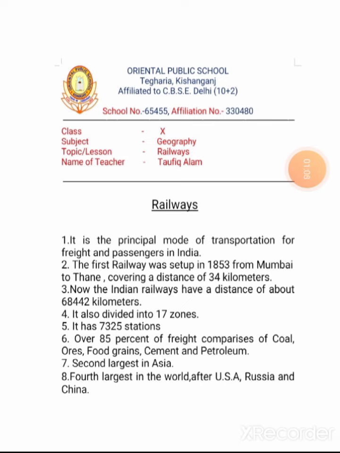Now, these days, the Indian Railway has about 68,442 kilometers of track. It is also divided into 17 zones and has 7,325 stations. Over 85% of freight comprises coal, ores, food grain, cement, and petroleum.